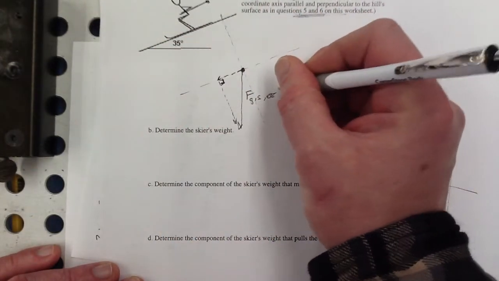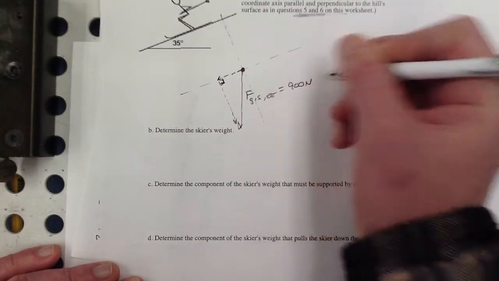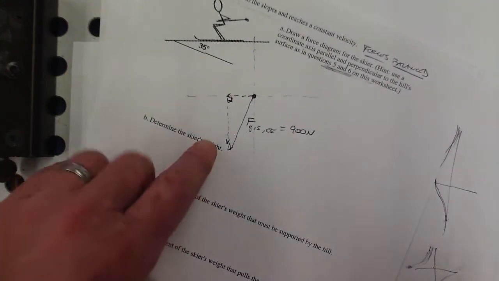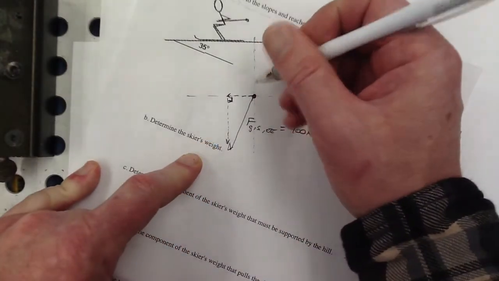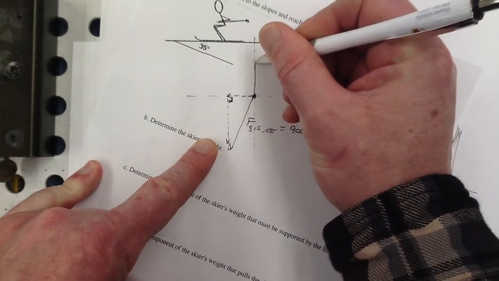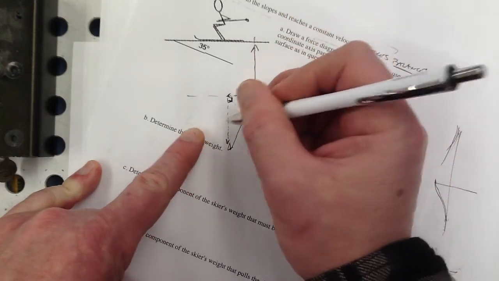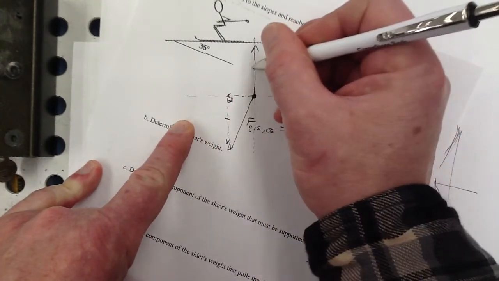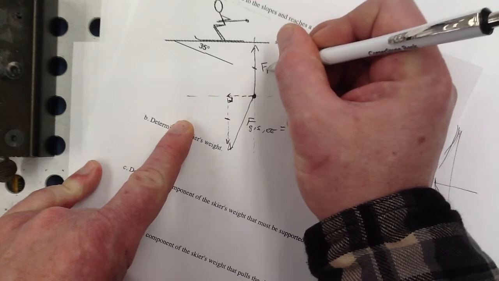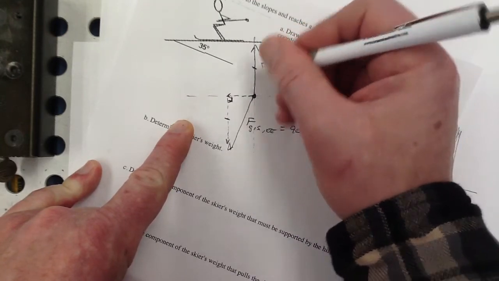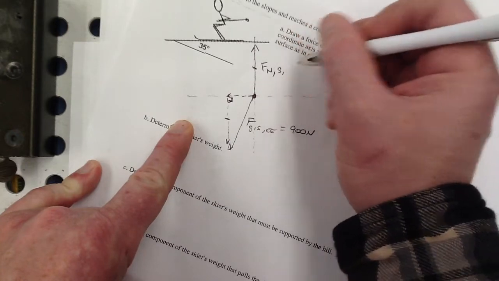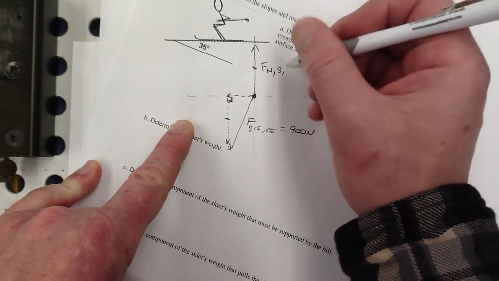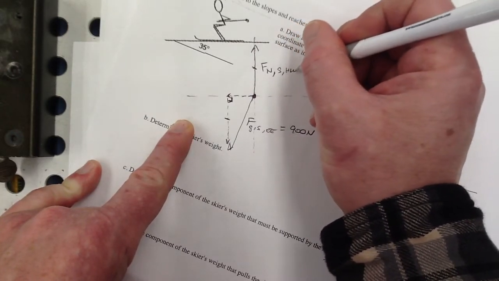90-kilogram skier, so that means force of gravity is going to be 900. See how I can multiply by 10 like that? And since the skier is going at a constant velocity, the forces are balanced, which means there must be a support force. Call that the normal force, meaning perpendicular, on the skier from the slope, or the hill, or whatever you want to call it.